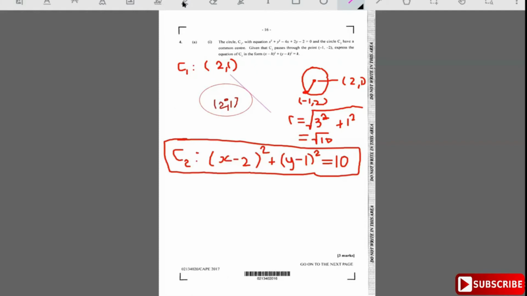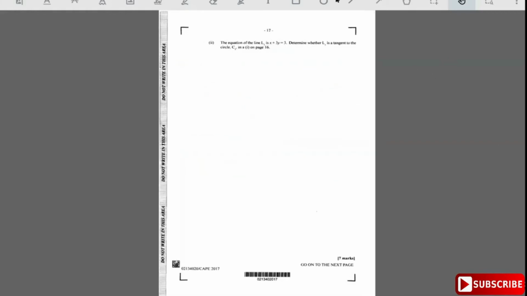So this would be L1. You would have to touch the curve at 1 point. So there should only be 1 point of intersection. So the equation of C1 is x squared plus y squared minus 4x minus 2y minus 2 equals 0. Let's write that down. We're going to solve them simultaneously, and we should only get 1 point of intersection.